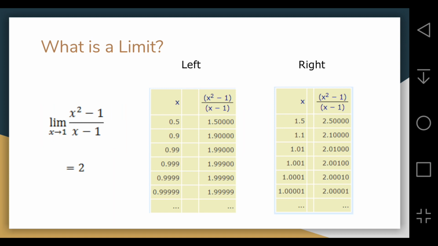As you can see in the table, on the left side of 1, as x approaches 1, the value of y goes closer and closer to 2, and on the right side of 1, as x approaches 1, the value of y goes closer and closer to 2 also. So the limit of (x squared minus 1) all over (x minus 1) as x approaches 1 is equal to 2.